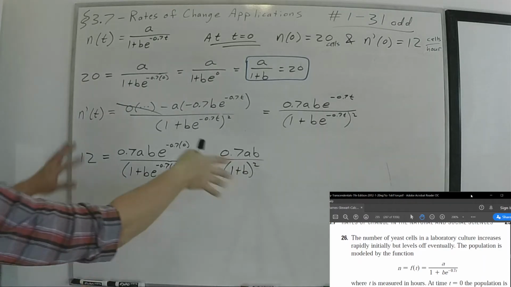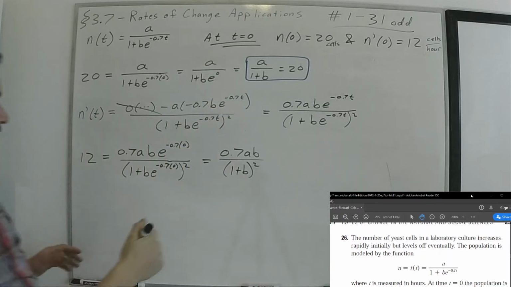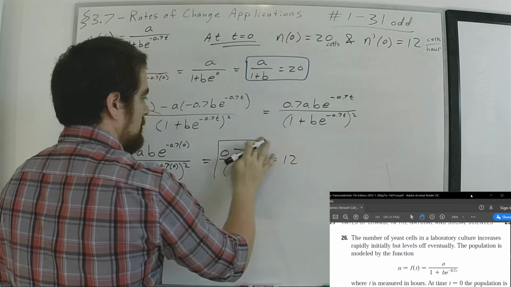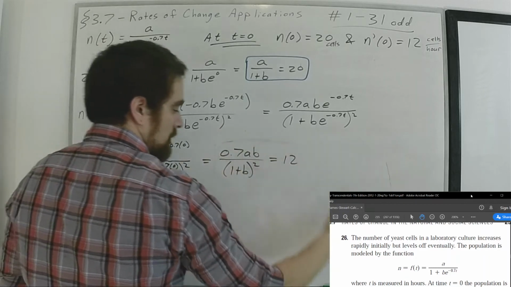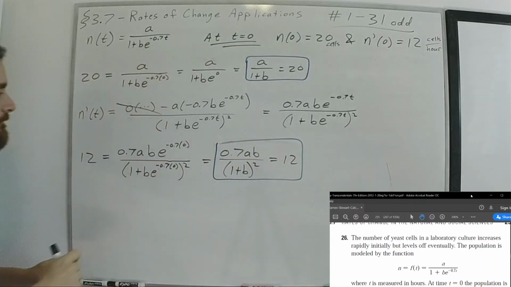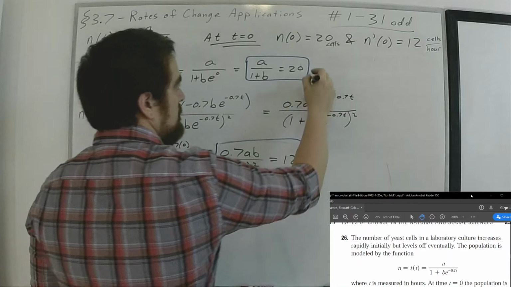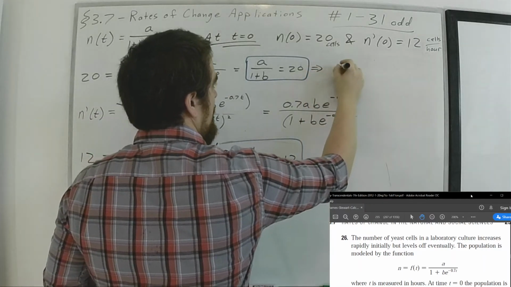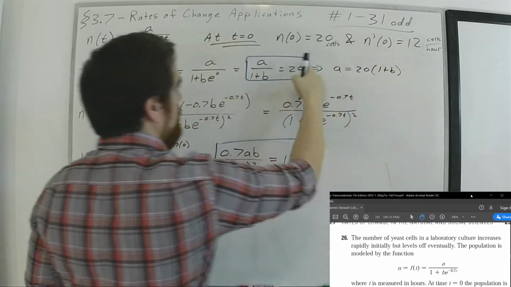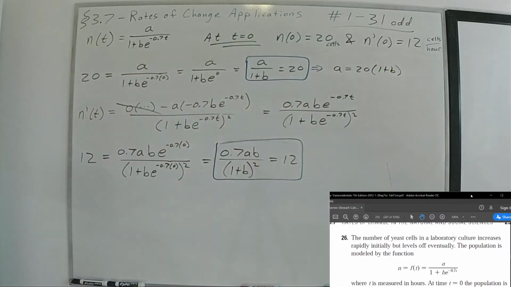Now we can play around with these algebraically. I kind of have a system of two equations here. Again, this isn't the answer, we're just highlighting it. But one thing I can do is go back and look at this and say, hey, a must be 20 times 1 plus b if I multiply both sides by 1 plus b.